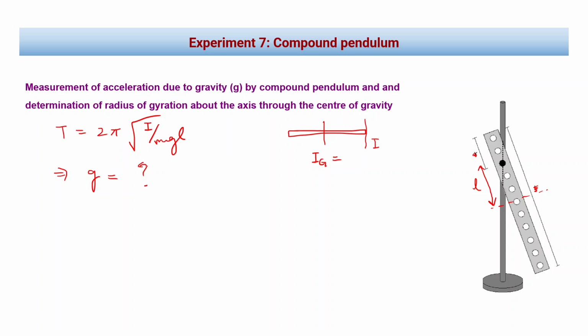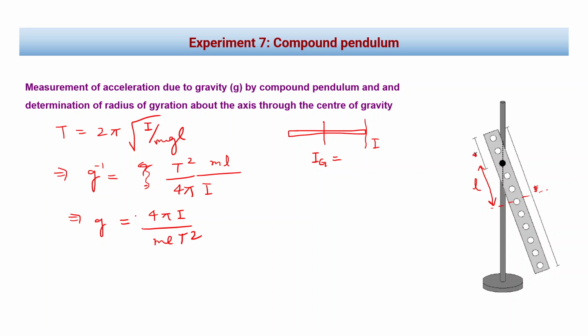If I take the square of this, it will be T square divided by 4 pi squared, and this m and l will come into the numerator. So the acceleration due to gravity will be g = 4 pi squared I by m l T square.